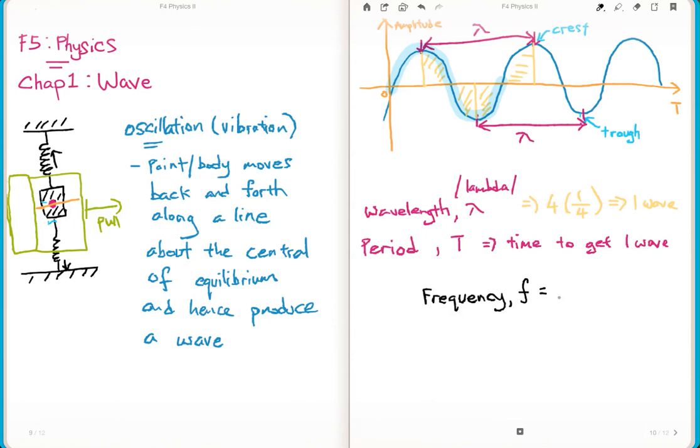Here in Physics Form 5, you learn frequency. What is frequency? Frequency is actually, I'm going to put a symbol, number of waves over the period of time. Get used to this now. I don't want to spell it out because it's so long, so I'm going to use a symbol.